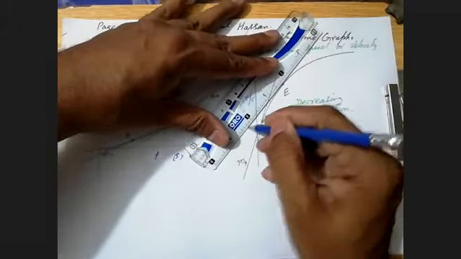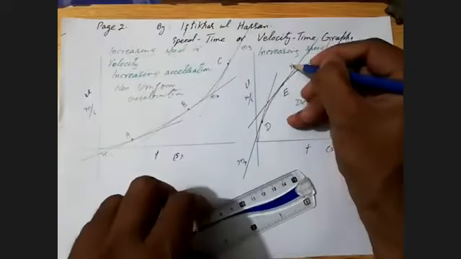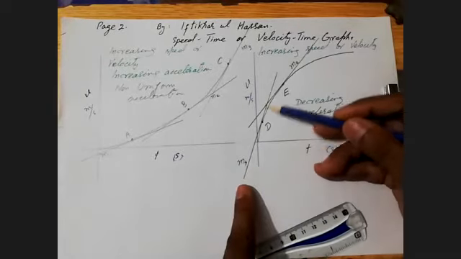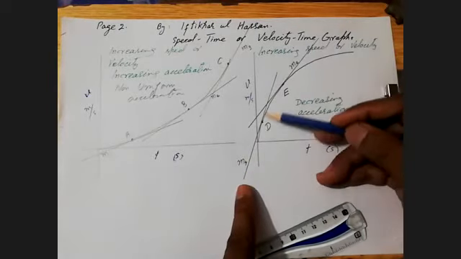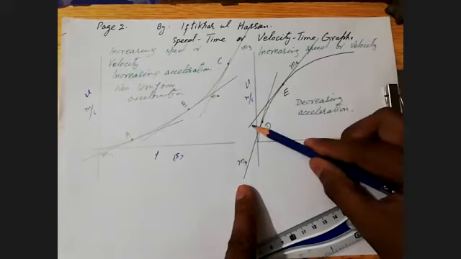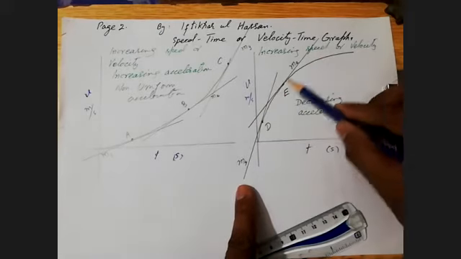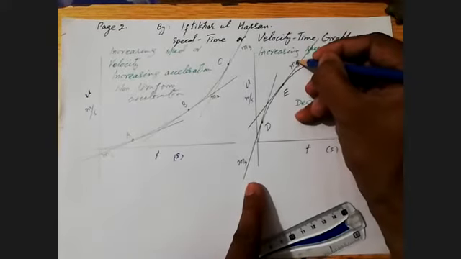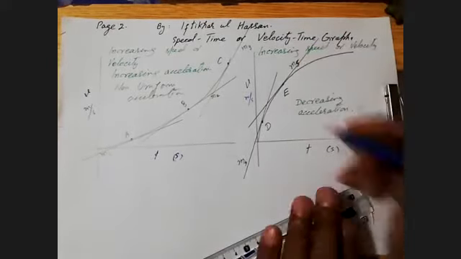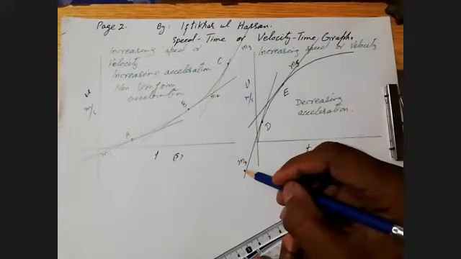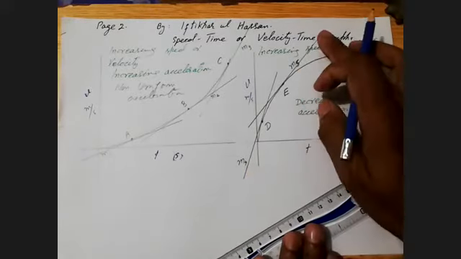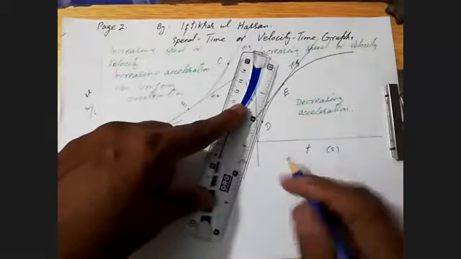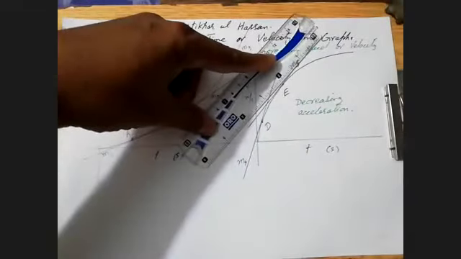From D and E, it is obvious that the gradient M4 is more than the gradient at E. Sorry, this is M5. This M4 was steeper, but M5 is less steep.